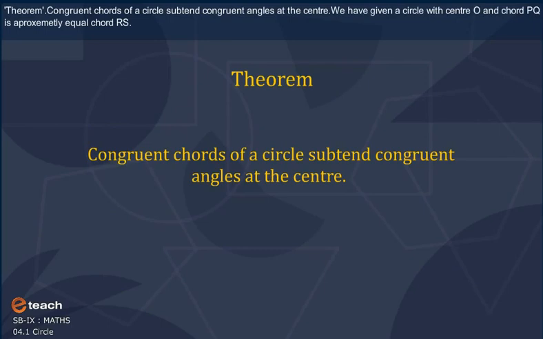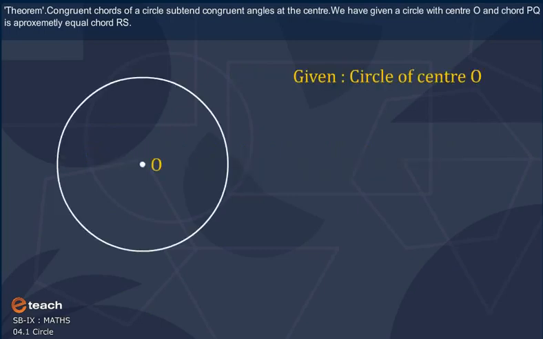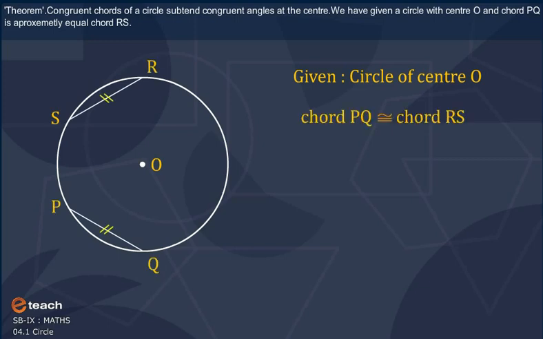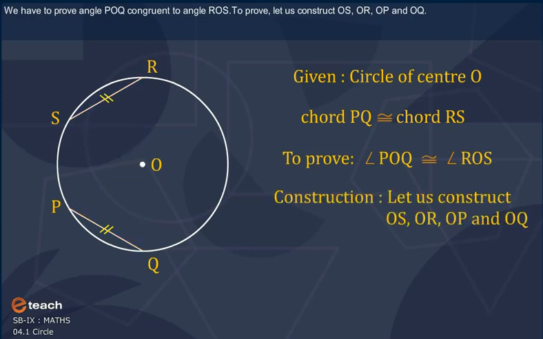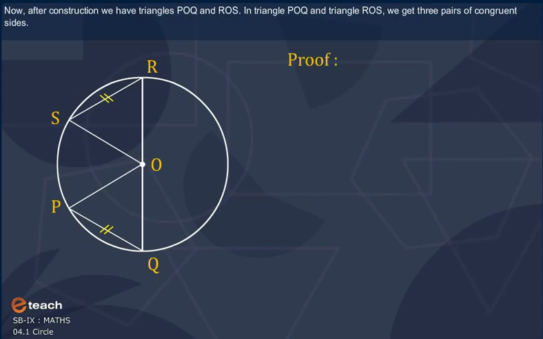Theorem. Congruent chords of a circle subtend congruent angles at the center. We are given a circle with center O and chord PQ congruent to chord RS. We have to prove angle POQ is congruent to angle ROS. To prove, let us construct OS, OR, OP and OQ. Now, after construction, we have triangles POQ and ROS.